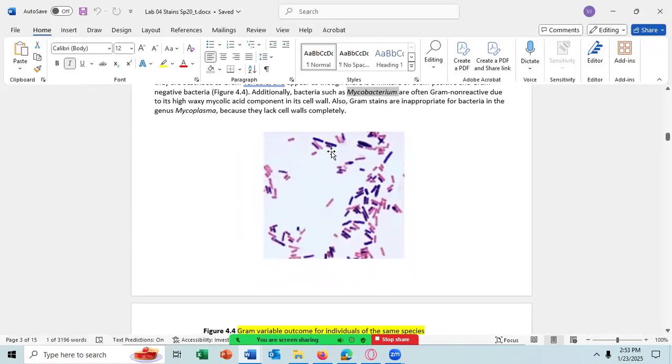And most of the time, actually all of the times I've ever stained the mycobacterium, whenever I had a student do the gram stain and it looked like this, I asked them, how old are these cells? And everyone always told me that the cells were at least 2 weeks old or older. And then I told them, the gram stain only works correctly if you stain cells that are 2 days old or younger.